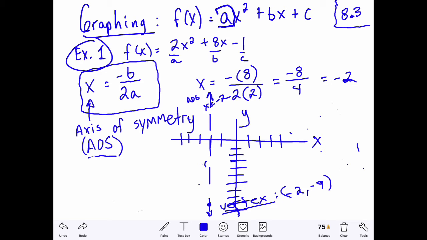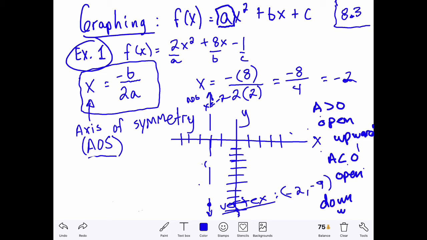And if a is greater than 0, it's going to open upward. And if a is less than 0, it's going to open downwards. So in other words, if my a coefficient is positive, then I know it opens upwards. And if my a coefficient is negative, I know it opens downwards.